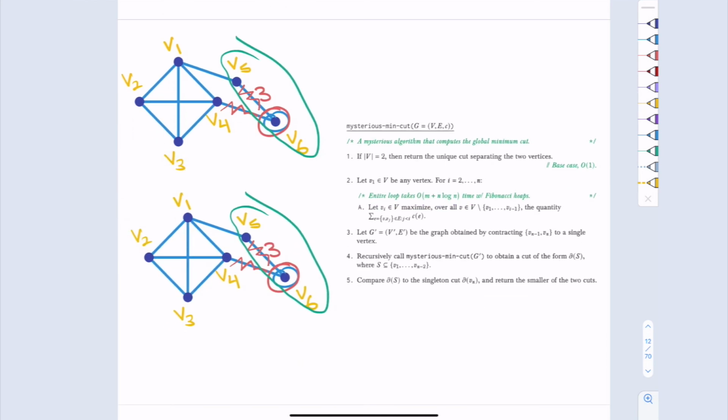Once we contract those 2, now our graph will look like that or something. Yeah, it'll still look like this. Okay. And that numbering would still be okay, so I won't renumber them.